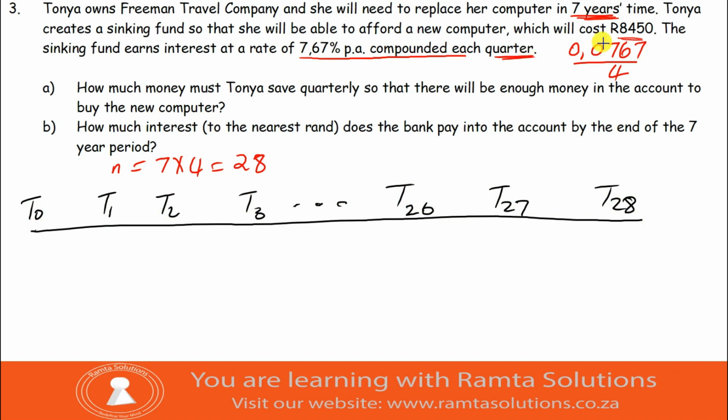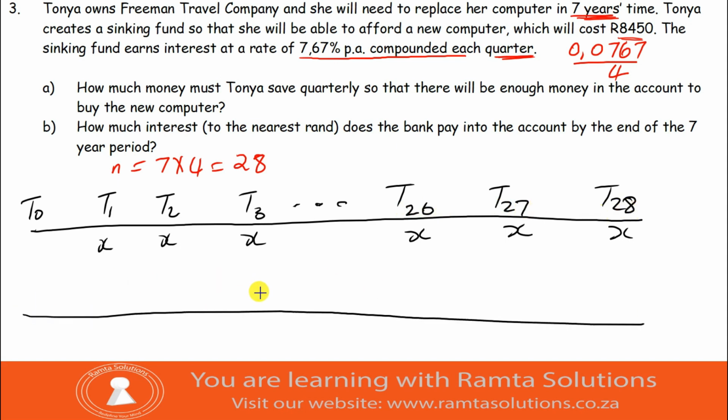Okay, and then, what other information is given? Okay, so they didn't give us the money that she must invest, so we'll just call it X. Remember, guys, every term that you see here represents a quarter. First quarter, second quarter, third, and so on. 26th quarter, 27th quarter, 28th quarter.